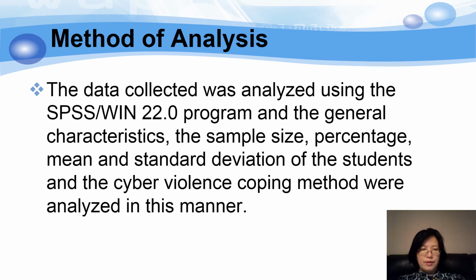Methods of analysis. The data collected was analyzed using the SPSS Win22 program and the general characteristics, the sample size, percentage, mean, and standard deviation of the students, and the cyber violence coping methods were analyzed in this manner.